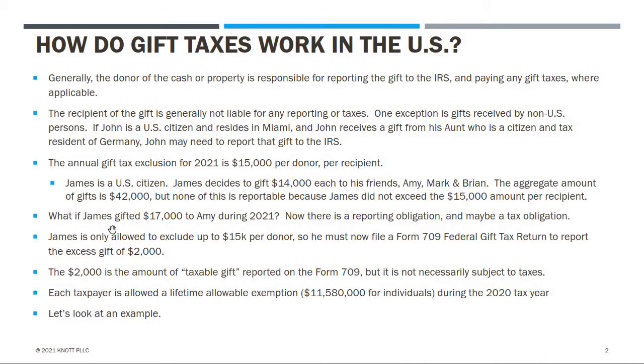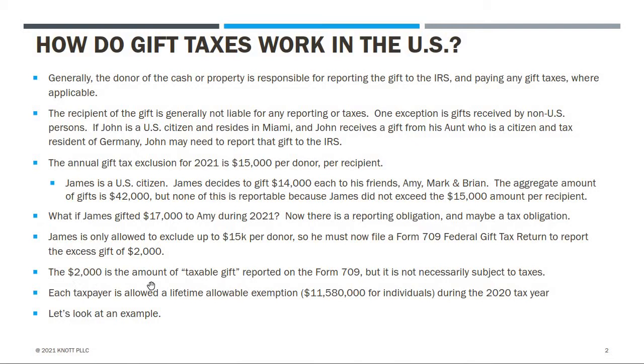So if James gifted $17,000 to Amy during 2021, what would happen there? Well, now there's a reporting obligation, okay, and maybe even a tax one. And that's because James gifted over the annual exclusion to Amy during the tax period. Right, so he's only allowed up to 15, so now he's got to file a Form 709 because it's a reportable gift. Anything over 15K is reportable.